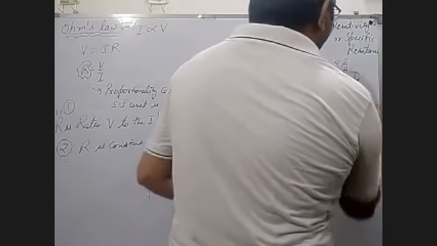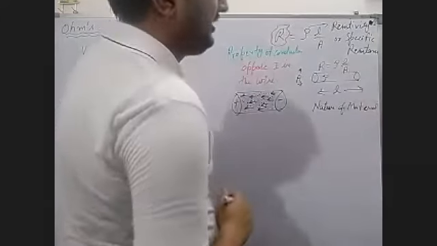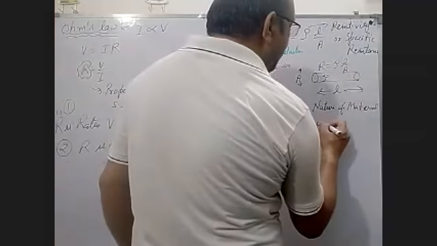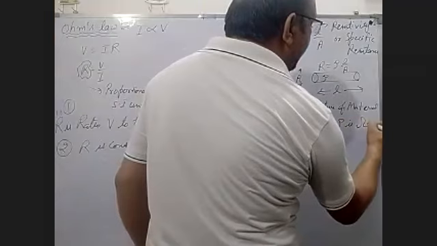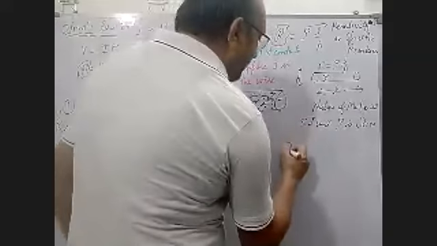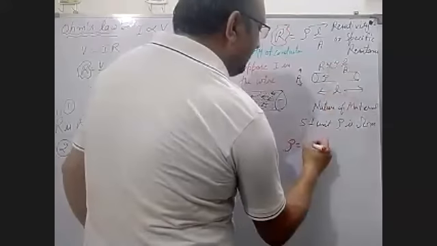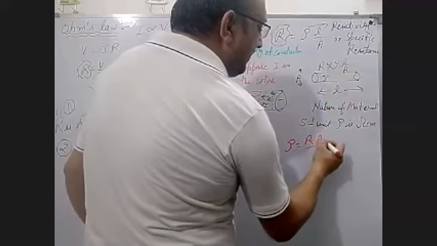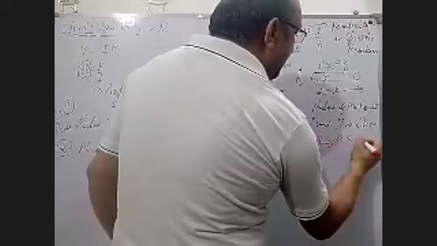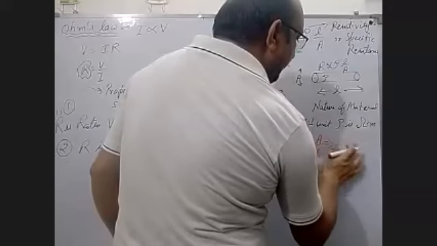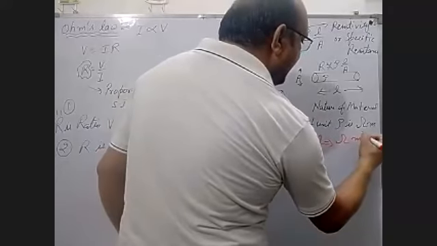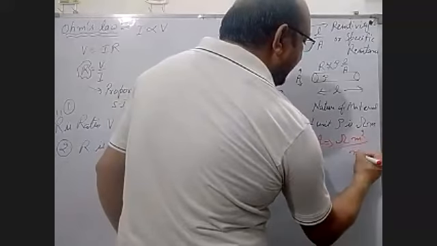The SI unit of rho is ohm meter. Can you derive this? Rho is equal to R A upon L by cross multiplying. Resistance is in ohm, area in meter square, and L in meter.